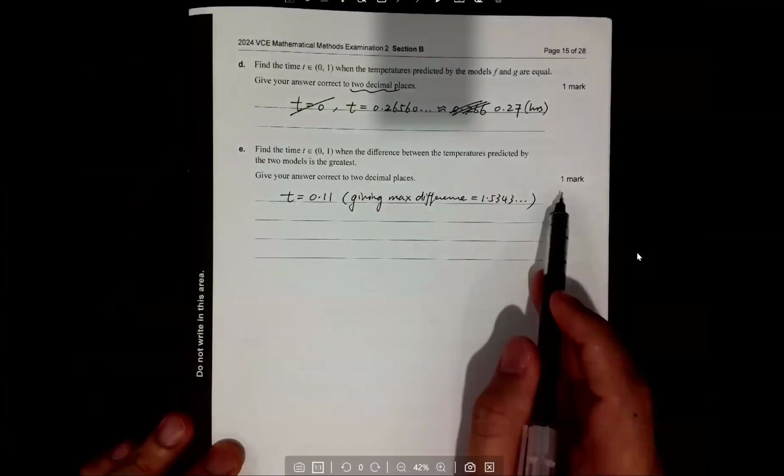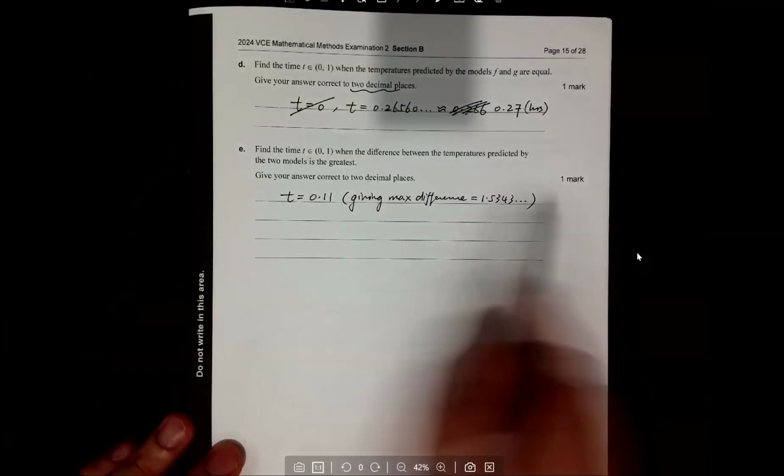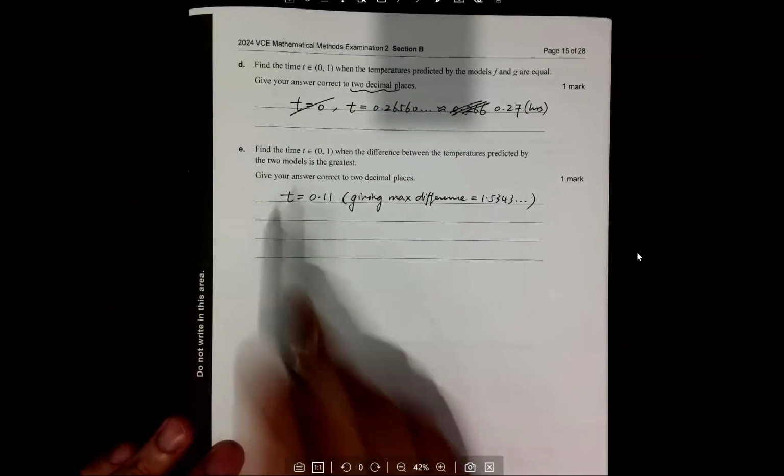All right, so this one is a nice one. So you have to think about it and look at the graphs more carefully.